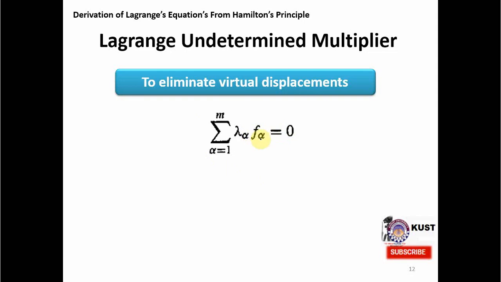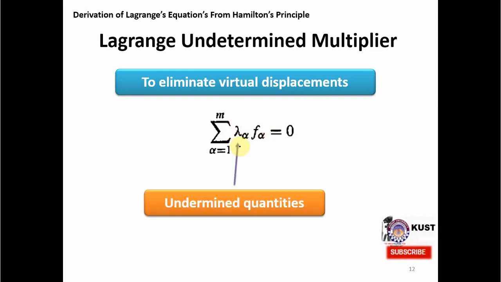These are the functions, if you remember, and these lambdas are called the undetermined quantities, or the multipliers. So these are called the Lagrange multipliers. They are multipliers because they are multiplied with these functions, and there are m multipliers depending on how many constraints we have. And now the whole purpose is to determine their values. Once we know the values of lambdas, we know these equations, we can solve them, and the constraint equations are solved.